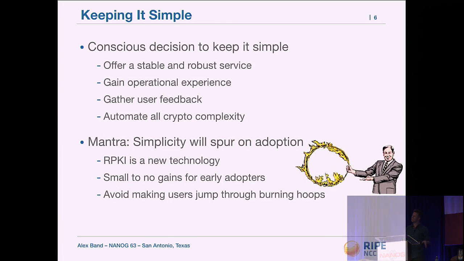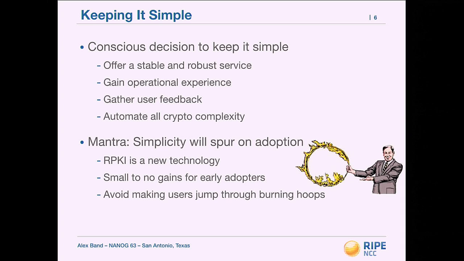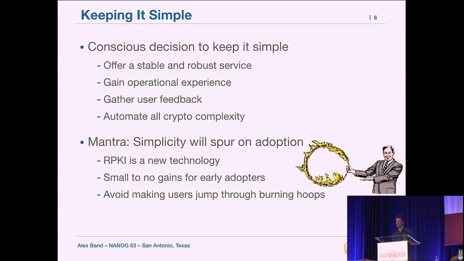Because we made a conscious decision to keep it simple. We needed to gain operational experience as well, because we had no experience running a certificate authority. We wanted to gather user feedback as much as possible. And then within the hosted system, we tried to automate all of the crypto complexity, take away the worry of key rollovers, et cetera.